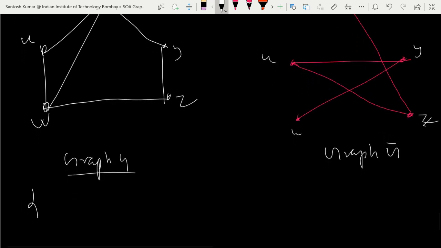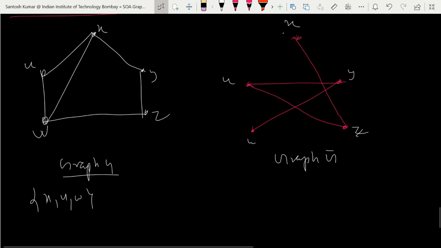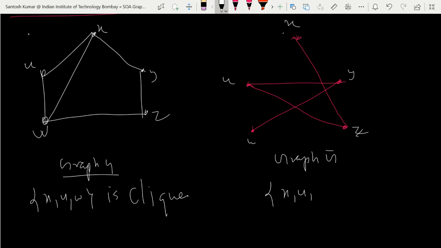See, X, U, W in case of G is a clique, right? And X, U, W in case of G complement is an independent set.